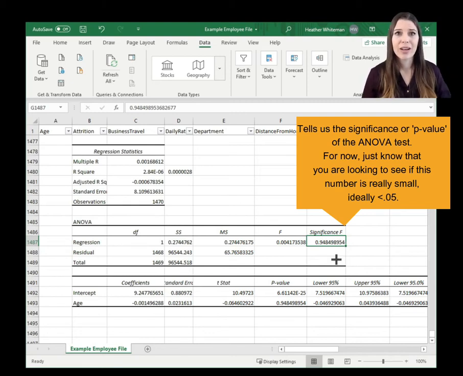Now, ANOVA is a whole other analysis and needs a whole other video, so I won't go into the details of what all of these pieces mean, but usually we do like to look at this significance F here, and we're hoping that it is a very small number if we want to be able to say that this is a statistically significant model. Typically, you want a number less than 0.1 or 0.05 or even less than 0.001.